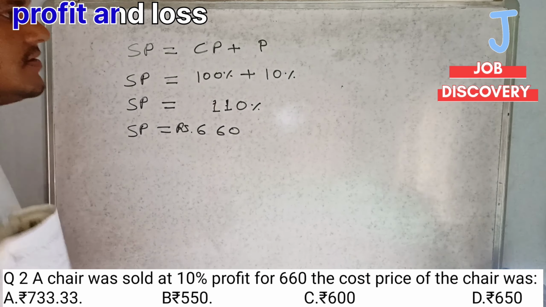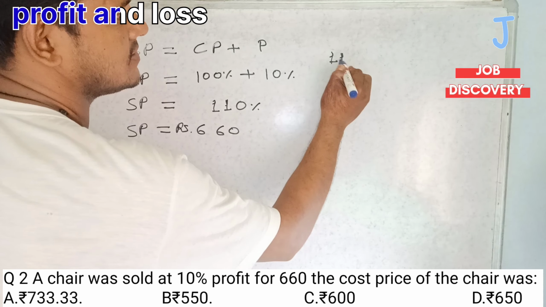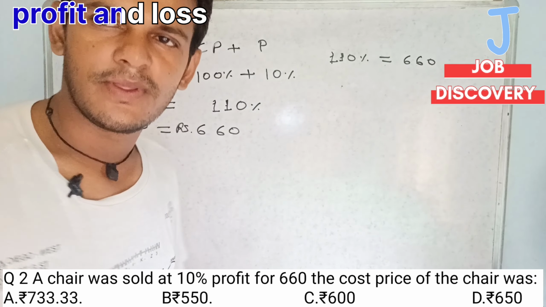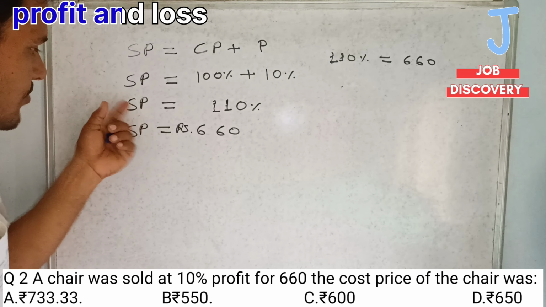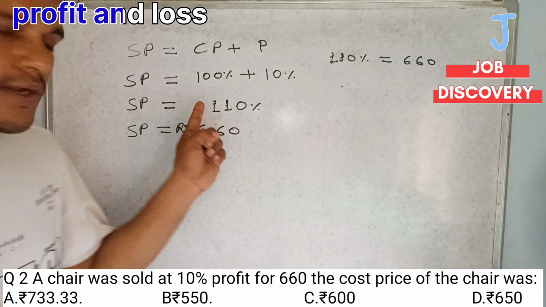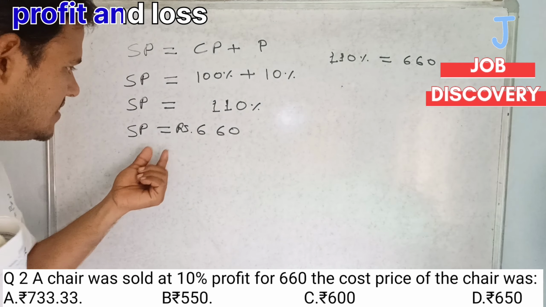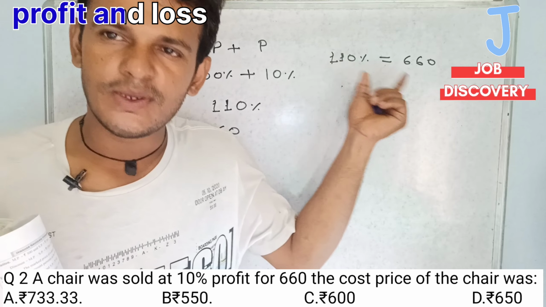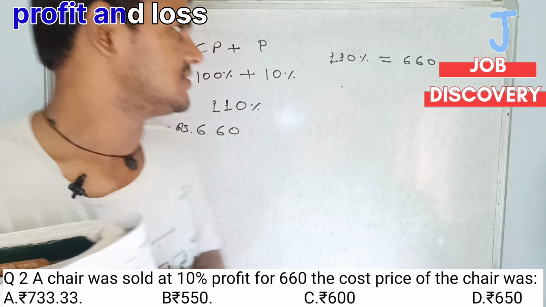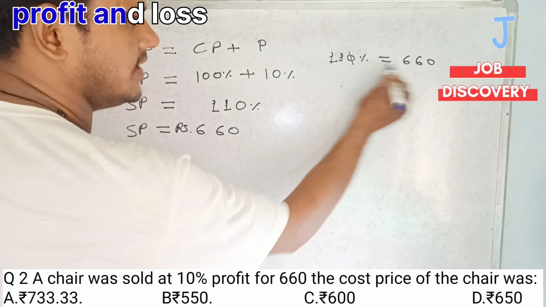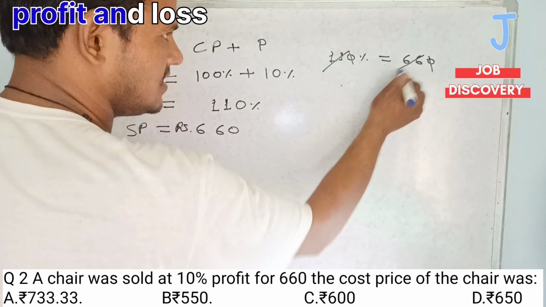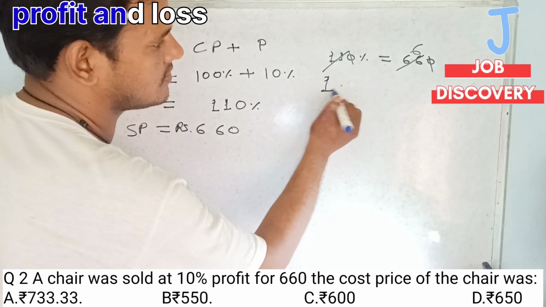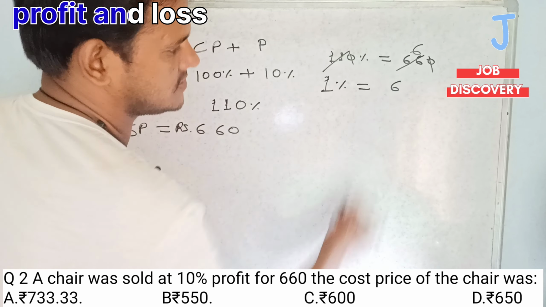So we can say 110% is equal to 660, because both are selling price: selling price in percent 110% and selling price in rupees 660. Now 0 and 0 get cancelled. 11 6 66. So 1% is equal to 6.